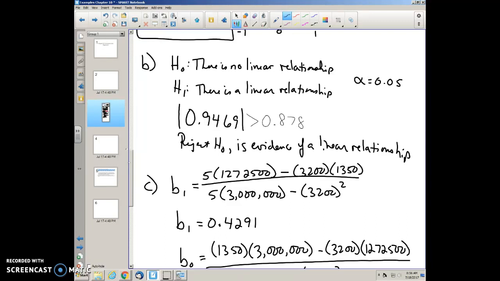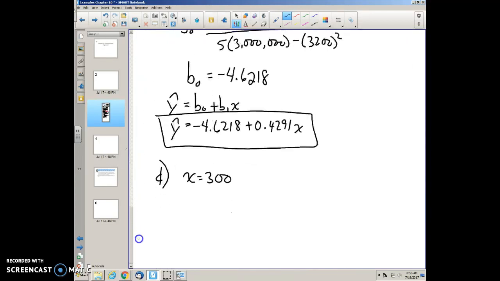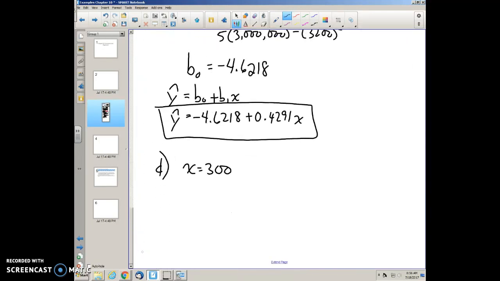That's if you do not find evidence of a linear relationship. If you do find evidence of a linear relationship, you use your regression equation. Since we did find evidence of a linear relationship, we are going to use our regression equation, and we substitute 300 for x.